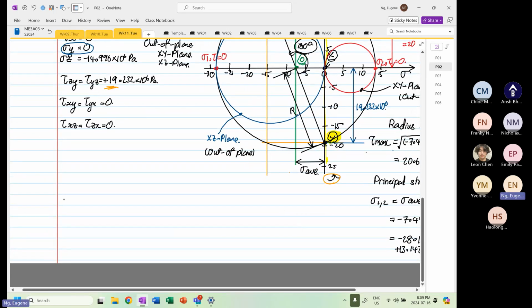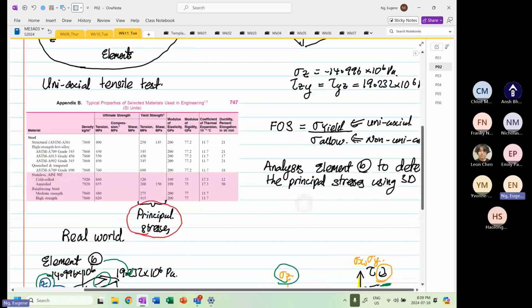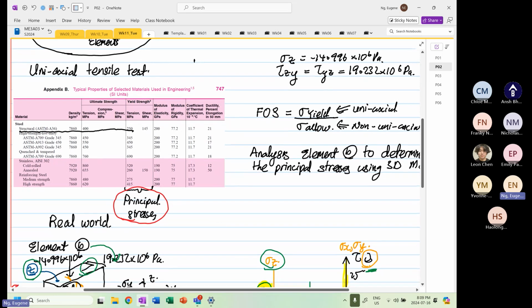then we can determine the factor of safety. If we look at the table, for example, we pick the first one, the 250. We assume that our material is a structural steel, so we assume tension and compression have the same magnitude.